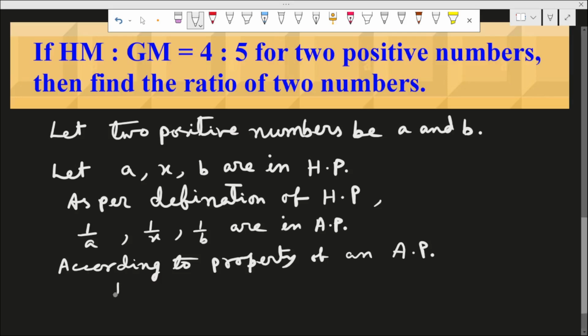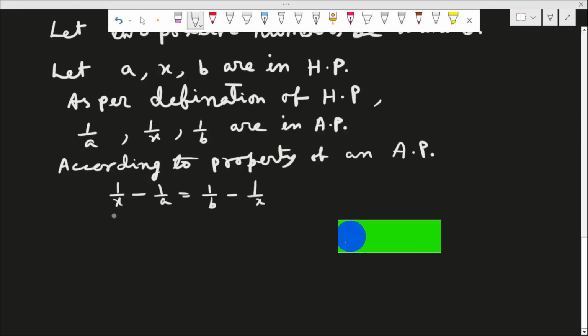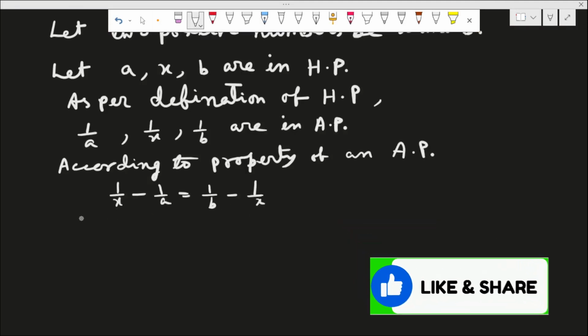So 1 by X minus the preceding term 1 by A is equal to 1 by B minus the preceding term 1 by X. Using this property, we can easily find the value of X, that is here X is the harmonic mean. In this case 1 by X is the arithmetic mean. So our aim is to find X, that means HM.